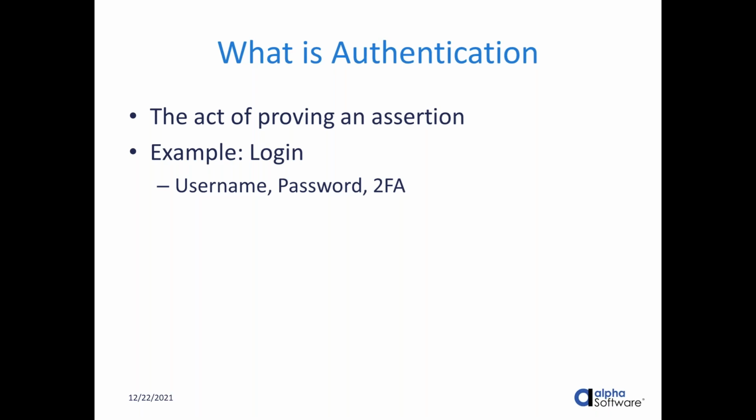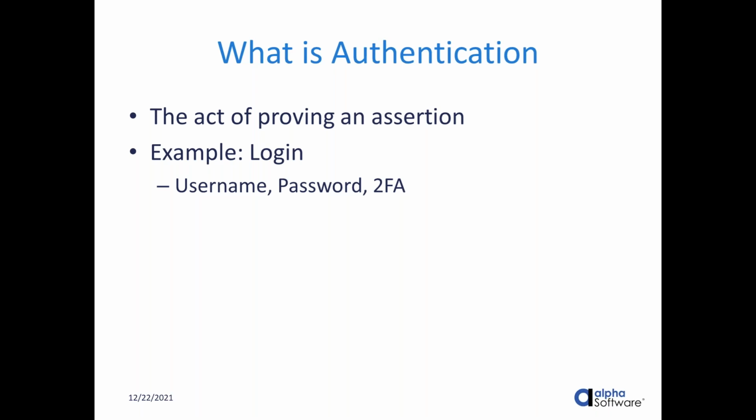Authentication is the act of proving an assertion, the assertion being that you're a specific individual who has access to an API, and if you can prove who you are to me, then I will let you make requests and give you back data, information, whatever it is that you want to get. So an example of authentication would be two-factor authentication.